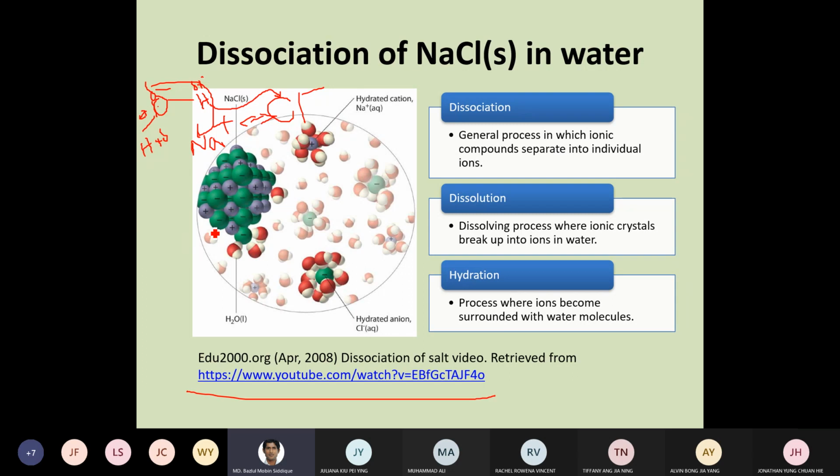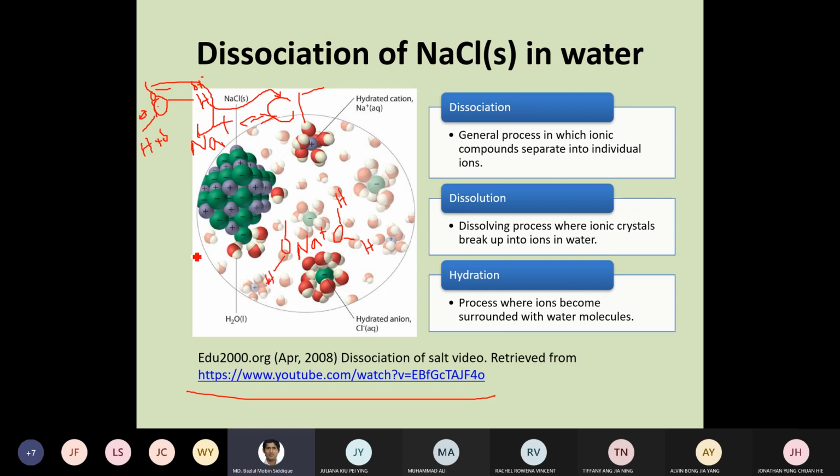There is sodium here as well, and with this sodium cation, the oxygen of the water is nearby, surrounding the sodium.